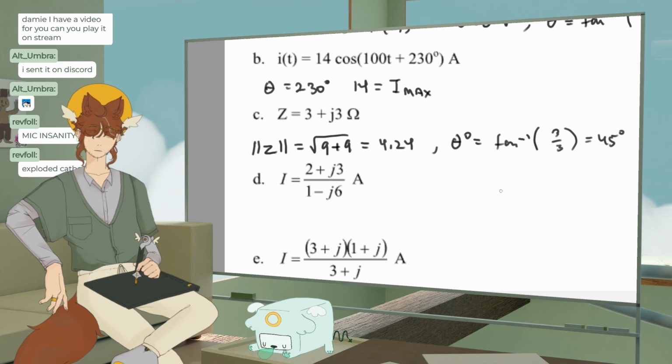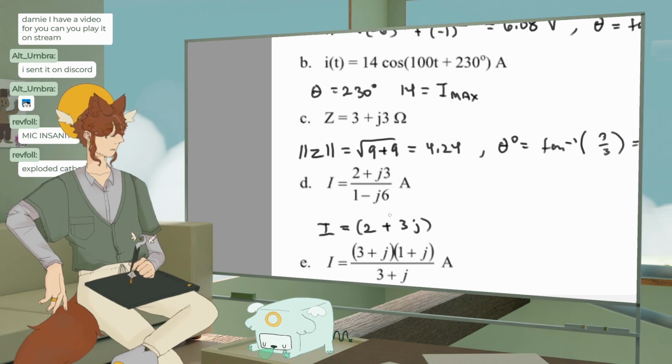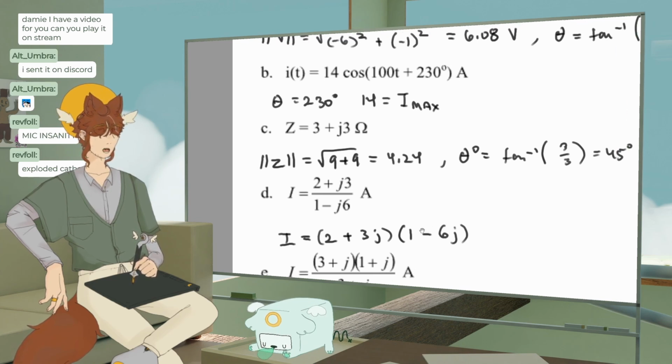Now, I'm not really sure if they want me to do complex conjugates for this, because I'm down to do complex conjugates. Why don't we just try that? Because that's what math tells me to do. I like math, and I trust math. I also don't know why they're writing the j in front of the 3. That seems weird to me, because you never do that in any other thing in life. But, you know, electrical engineers, right? So this will be minus.